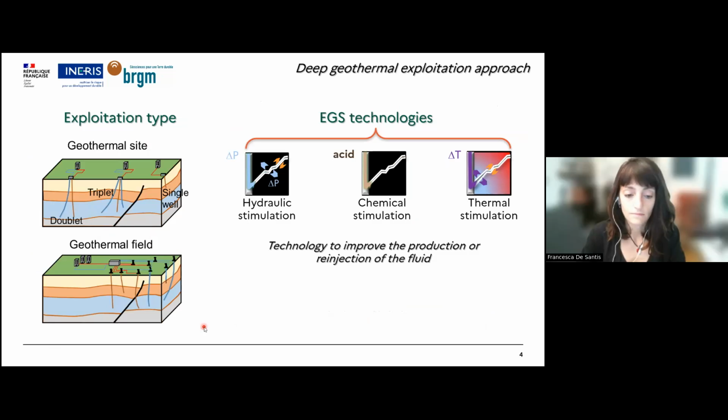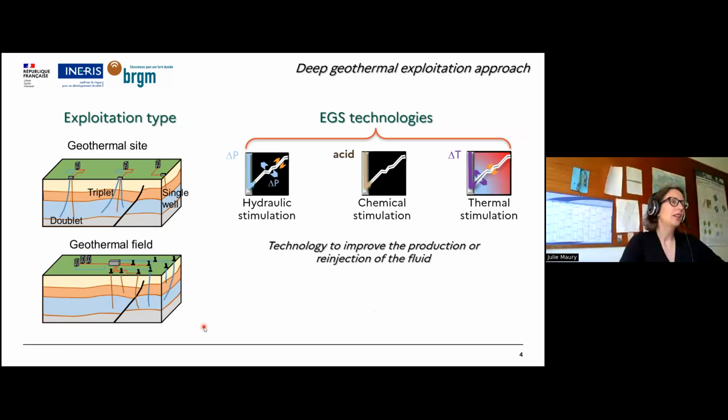And also the technology: you can have technology to improve the production or reinjection of the fluid. This is what we call EGS technology, which encompasses all types of stimulation, hydraulic, chemical, or thermal.